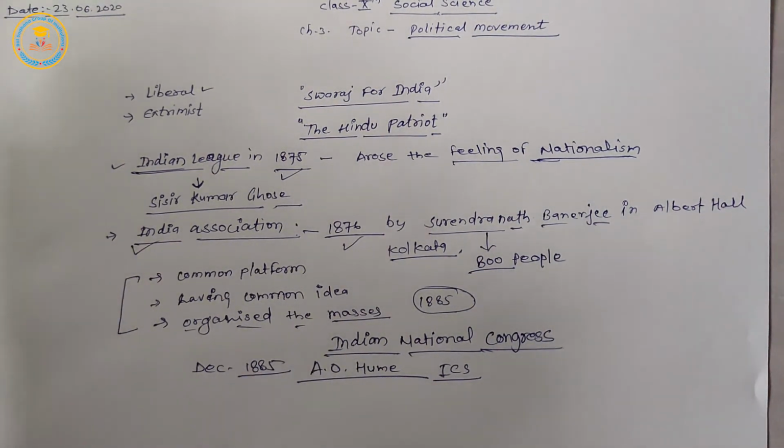At that time, ICS was an exam just like the UPSC exam, and this exam was given in Britain. So A.O. Hume was a British officer, and he was a retired ICS officer.